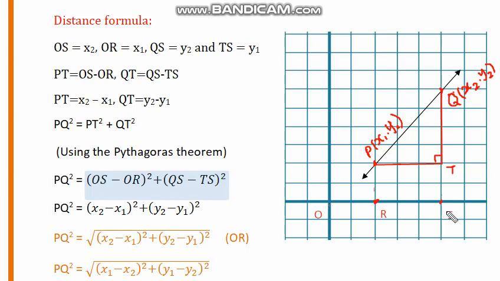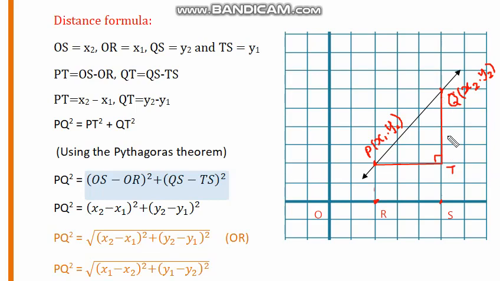OS is the distance from the y-axis, that is the coordinate x2, and OR, from O to R, the distance is x1, because the distance from the y-axis is the x coordinate x1. So PT equals x2 minus x1.